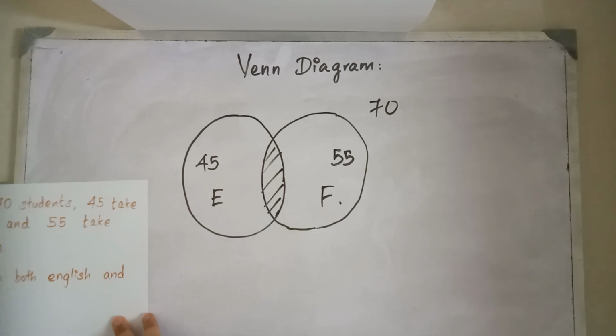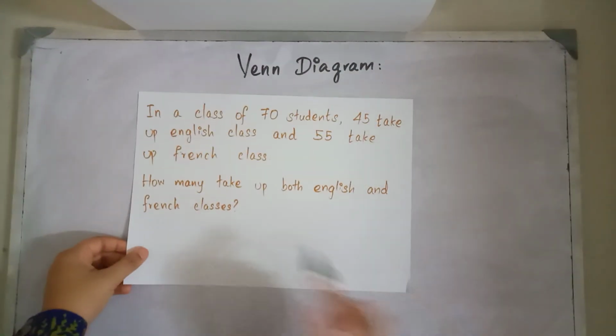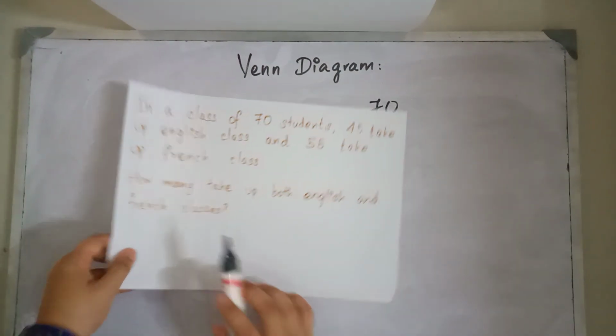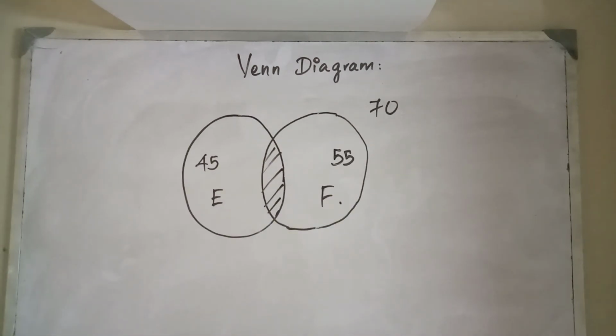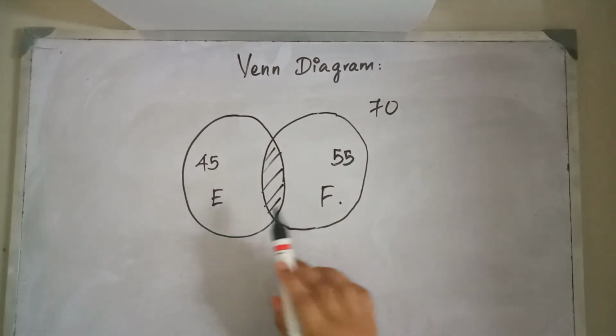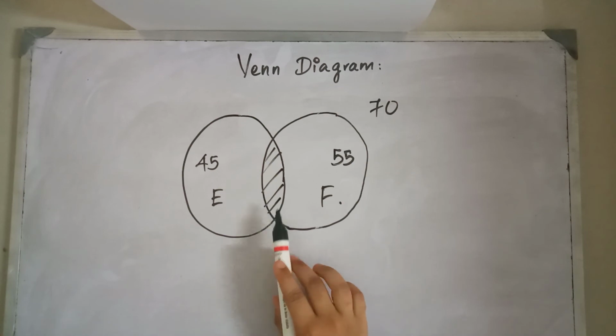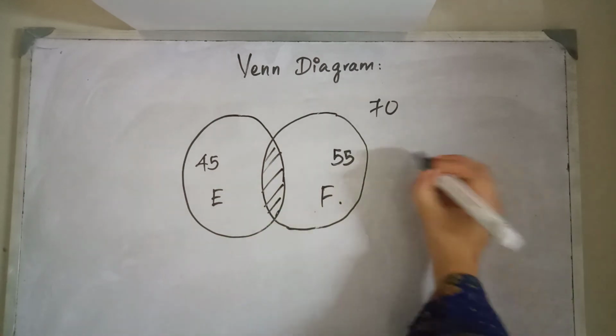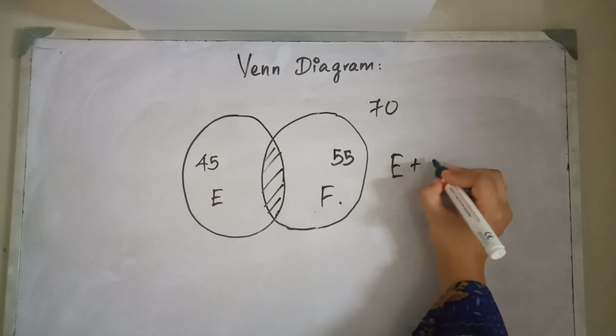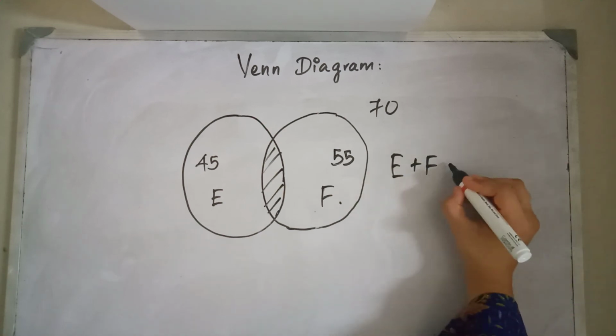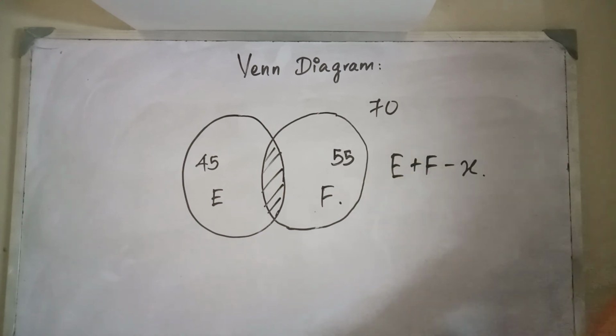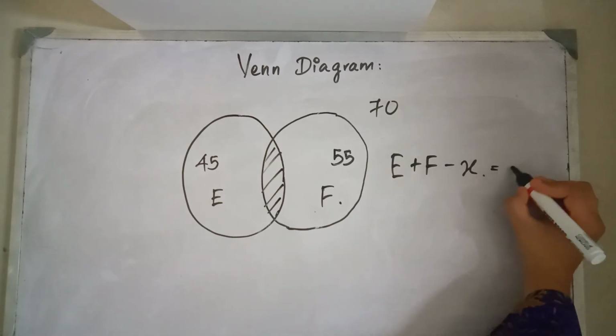We have to find out how many take up both English and French classes. So like we saw in the explanation before, there is a repetition of the overlapping regions. So let's take E plus F and subtract this overlapping region to get the total number.